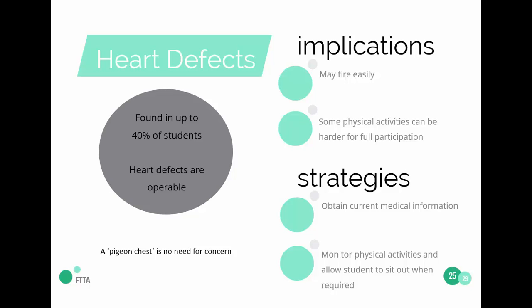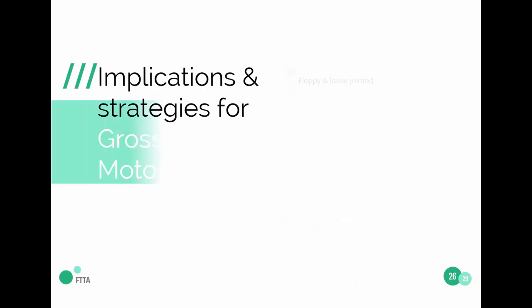Monitor physical activities and allow students to sit down when required, taking particular notice, as with all disabilities, but especially being aware that heart defects are common, which obviously has implications for exercise.